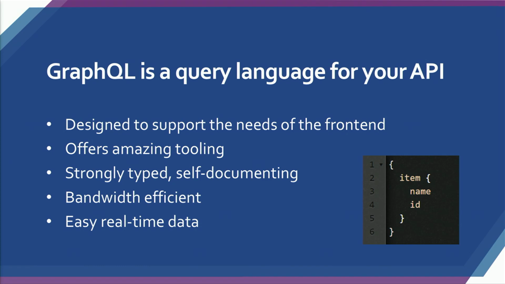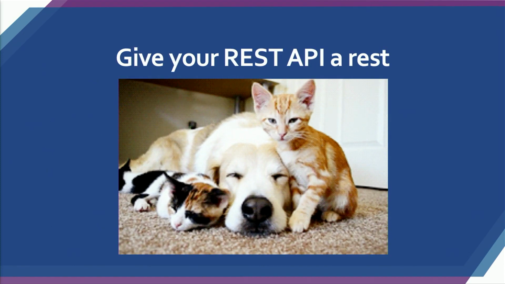It has a typing system, which means that you can reason about the API and give yourself those great tools that I talked about. And there's functionality in there for real-time stuff. If you've heard of SignalR or something like that, GraphQL subscriptions give you a very similar experience, but over GraphQL instead.